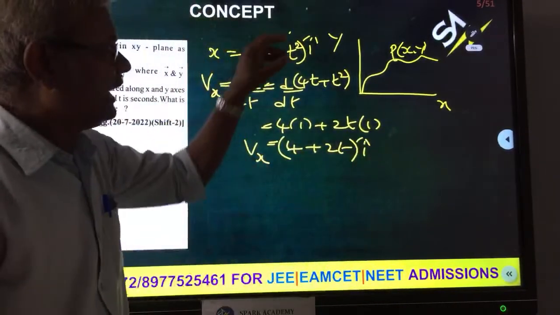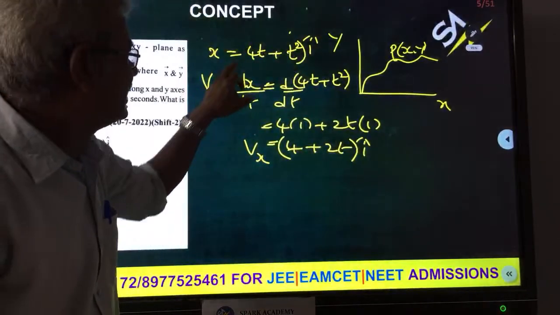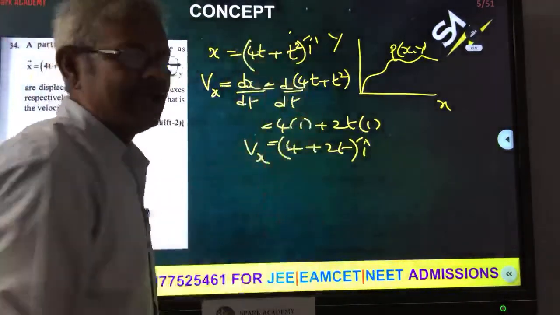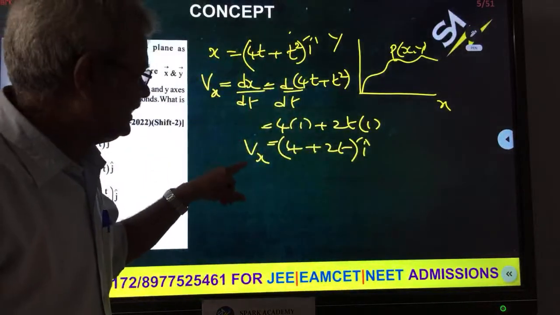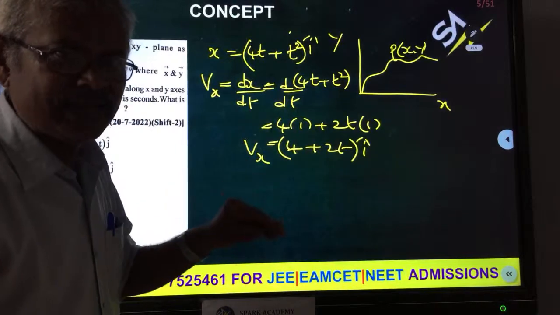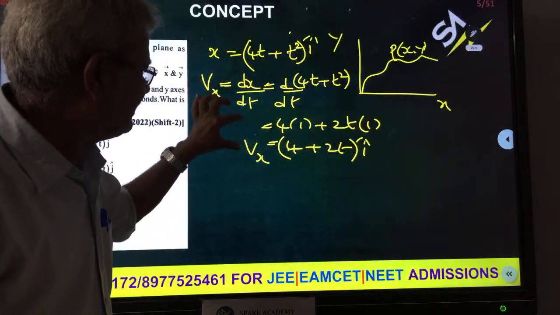So the x and y coordinates, which are functions of time, will have two velocity components. One is along the x-axis, vx, the other is along the y-axis, vy. So first I have taken vx.